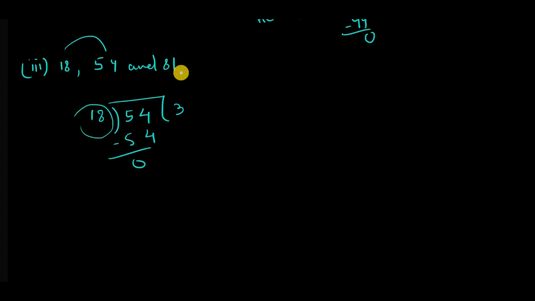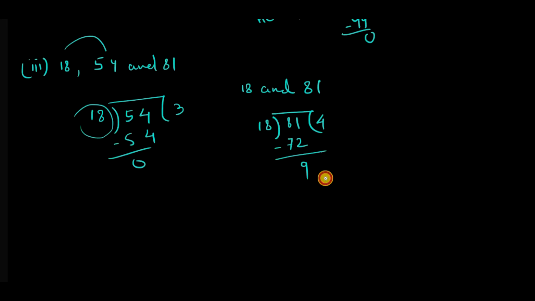Now I'll write down the HCF and the third number, 81, right? So it will be 18, 4 times is 72. 9 will be the remainder. 18 divided by 9.